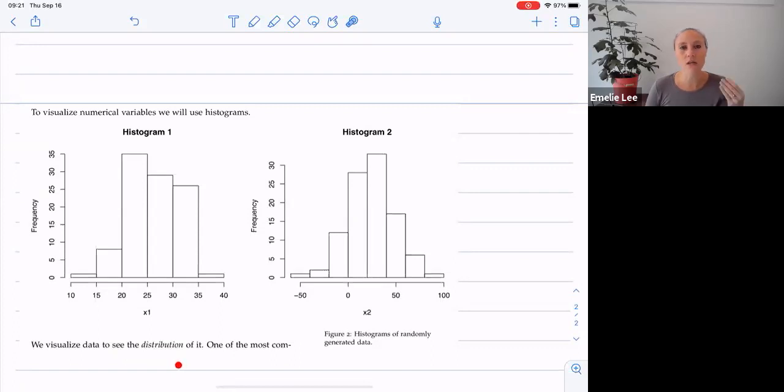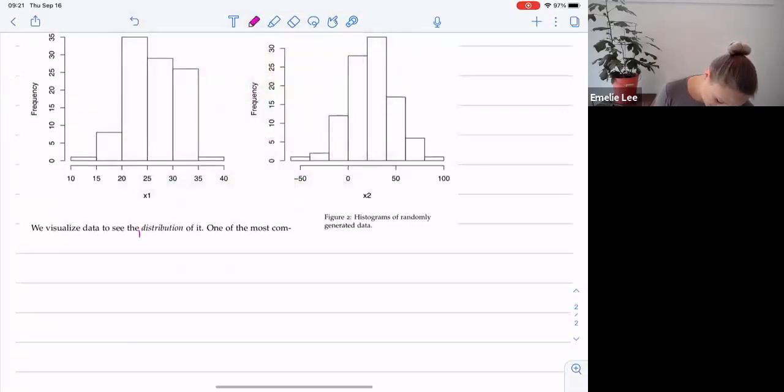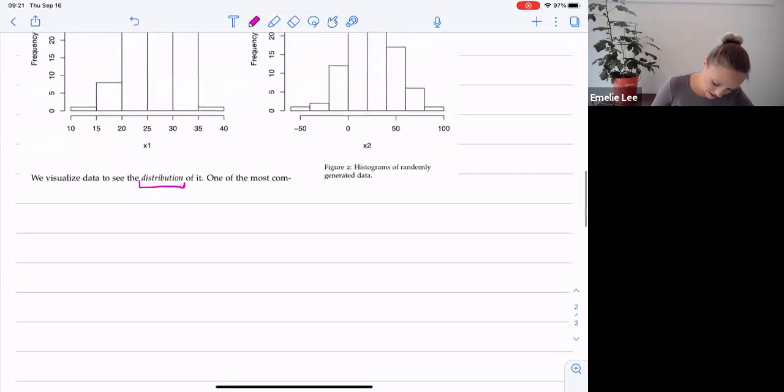Okay, and we're going to use that term distribution a lot in this course. So we need to consider the distribution of the data, but really that's just talking about the shape of the data.